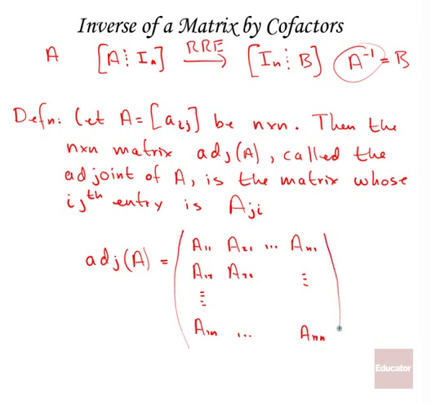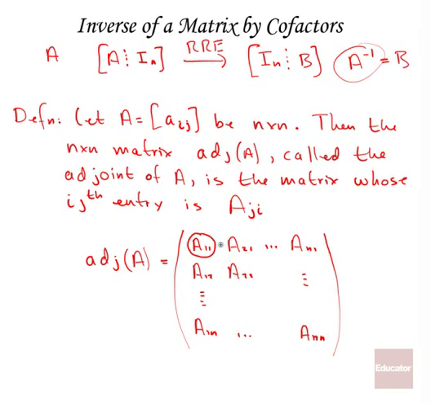Okay, let's go through this very, very carefully. The first thing I'd like you to notice: if we start with some matrix and want to form its adjoint, then for the first row, first column entry of the adjoint, we actually take the cofactor of the corresponding entry of the original matrix.